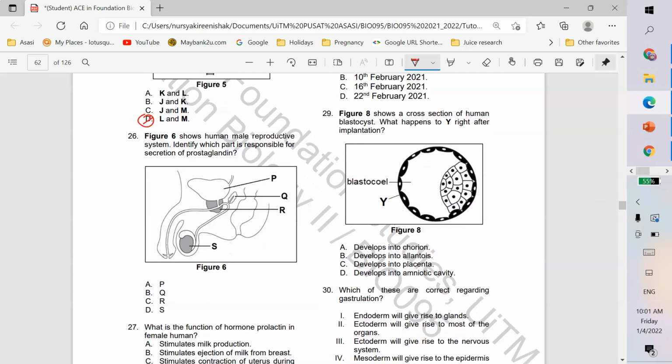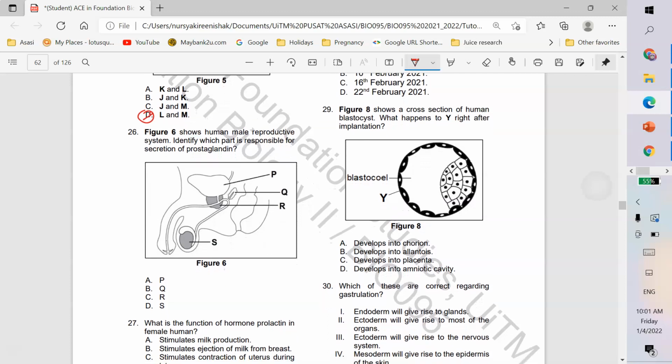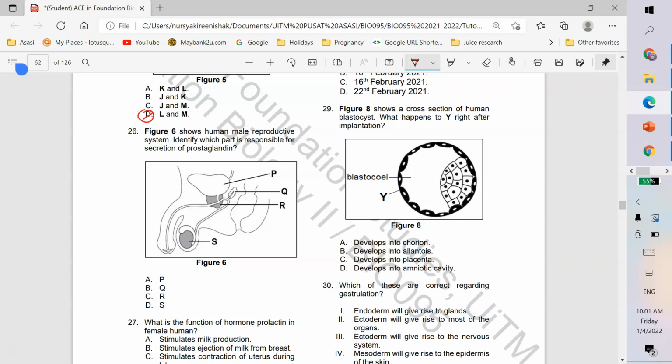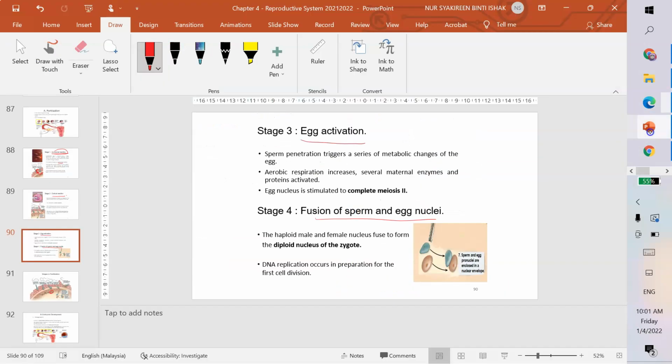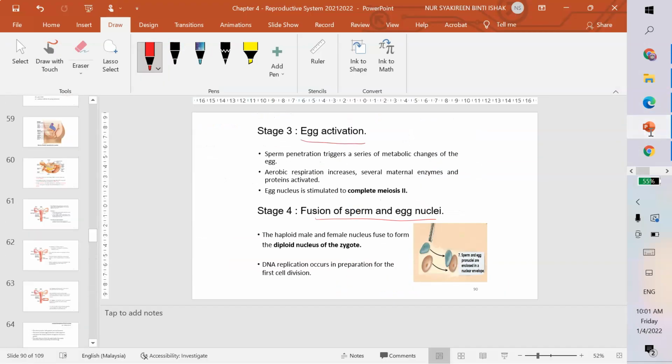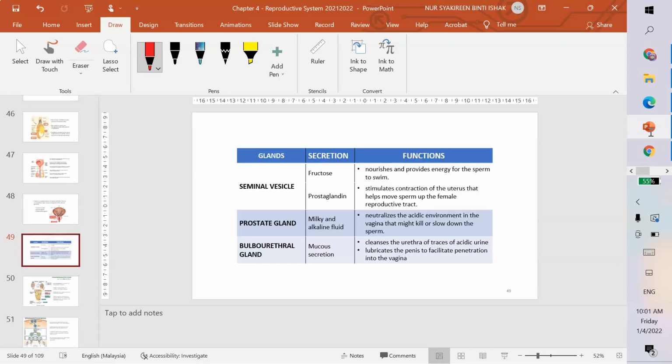Okay, 26, figure 6 shows human male reproductive system. Identify which part is responsible for the secretion of prostaglandin. The answer is Q. Kalau you refer kepada you punya lecture note, male akan ada three accessory glands: seminal vesicle, prostate gland, bulbourethral gland.